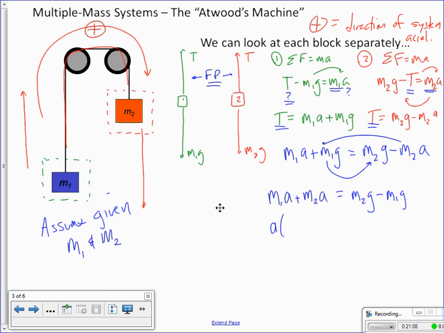Factor out a: (m1 plus m2) a equals m2g minus m1g. Solve for a. Divide both sides by the sum of the masses.